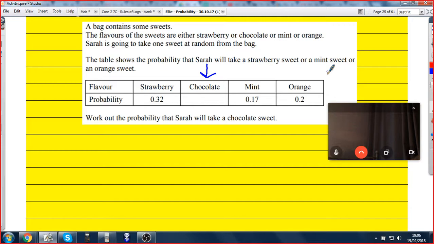What do probabilities always add up to? 100. 100%, which is the same as 1.0 or just 1. Okay. And so would you add those 3 up and then take it away from 1? Yeah, you'd be fine there. Okay.